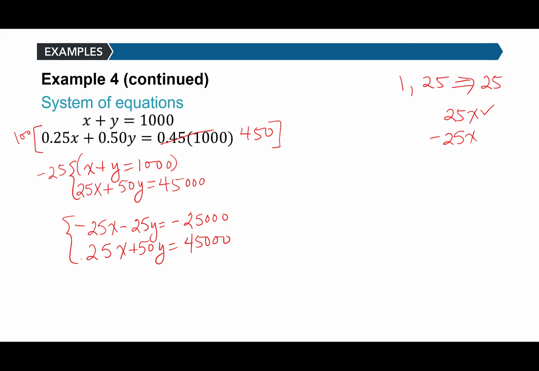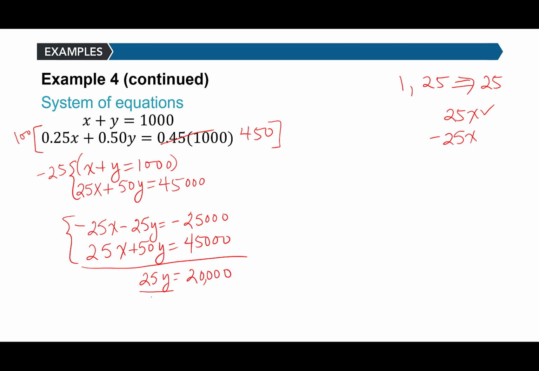Now we can add the two equations in the system together to eliminate the X. The first terms go to 0. Negative 25Y plus 50Y is just 25Y. And that equals negative 25,000 plus 45,000, which is 20,000.